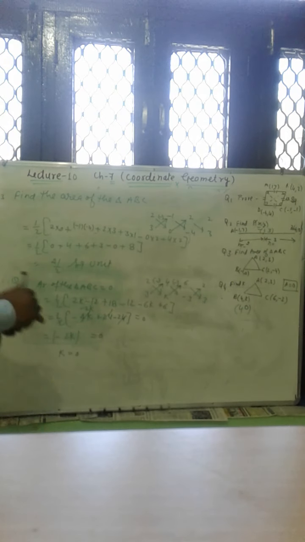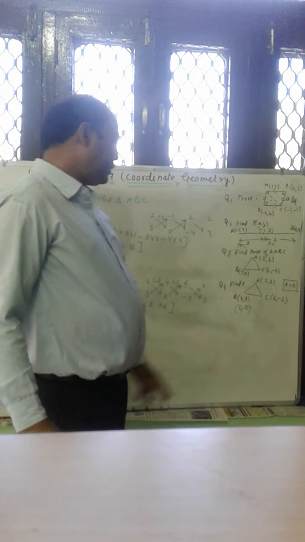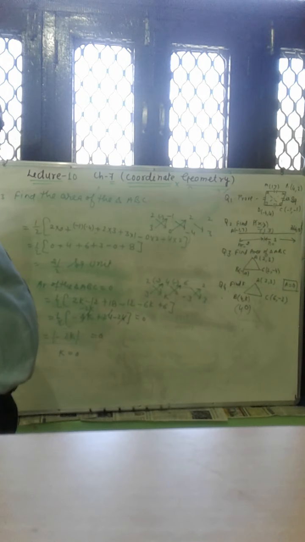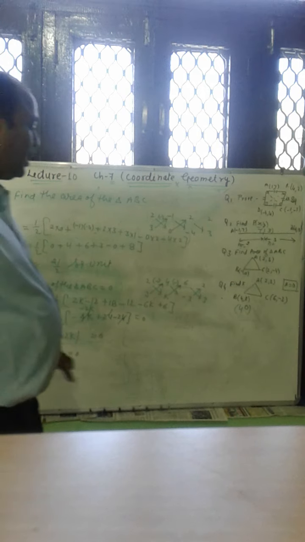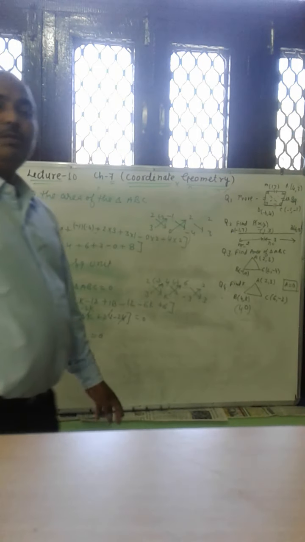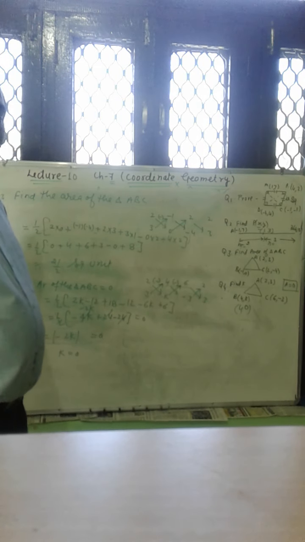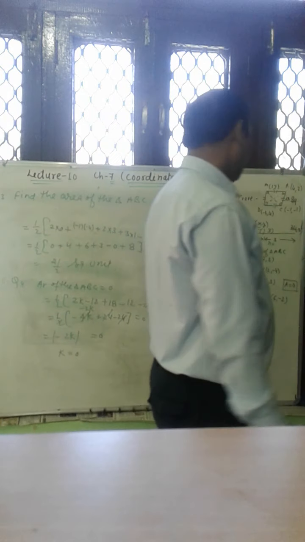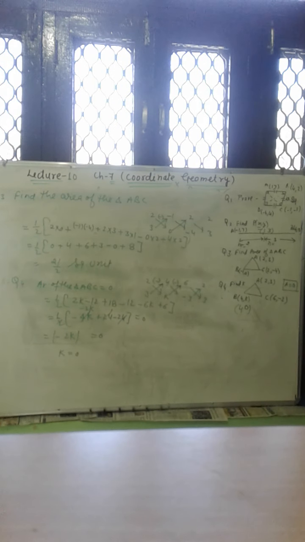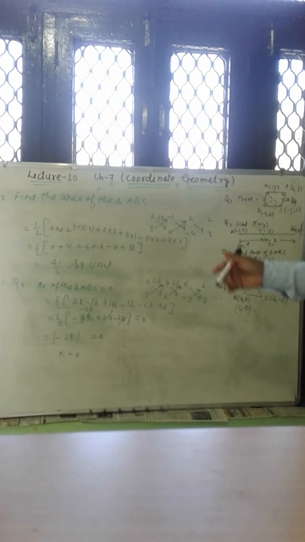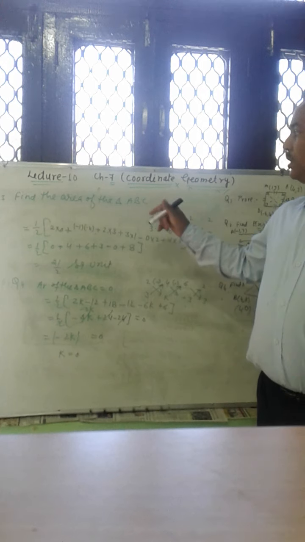Now, if we write k as 0, then the area of this triangle is equal to 0. So dear students, we can practice with more examples in other classes, and I hope you can also do this exercise.